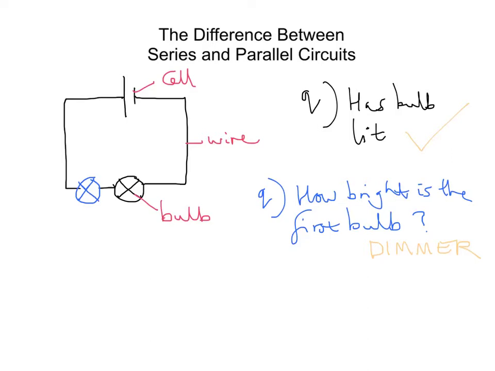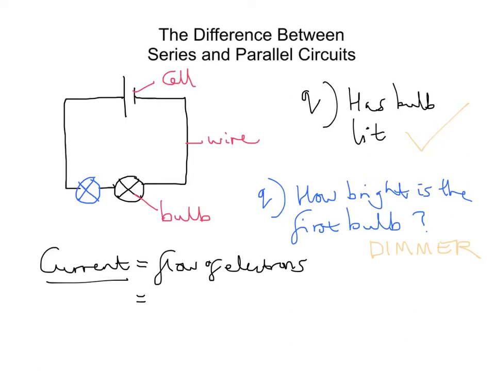Now, an ammeter is used to measure current. Current is the flow of the electrons in the circuit and is measured in amps. So we're going to make a note of that first of all. So current, it's the flow of electrons in the circuit.